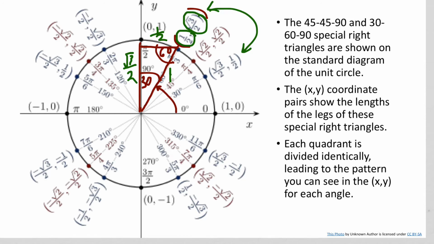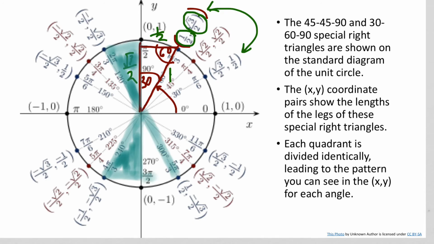Now, if we go around the unit circle, we can develop that there are 3 other triangles just like this in the other 3 quadrants. So there would be this one here. All right, and then reflecting, so that's reflected across the y-axis, and this one here reflected across the x-axis, and then reflecting this one across the y-axis.